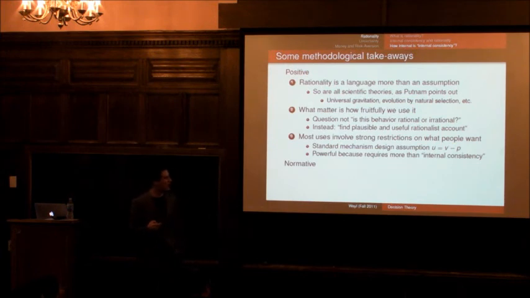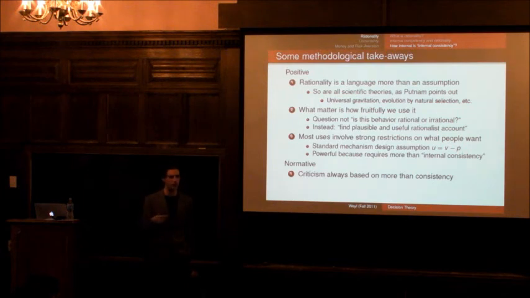At a normative level, what this means is that whenever we criticize each other's thinking or arguments and claim that they're inconsistent, we're never literally just saying that they're inconsistent unless it's a purely mathematical thing. If it has anything to do with the real world, we're never just saying that it's internally consistent. We're always drawing on something about what we think is or is not a relevant distinction between situations.